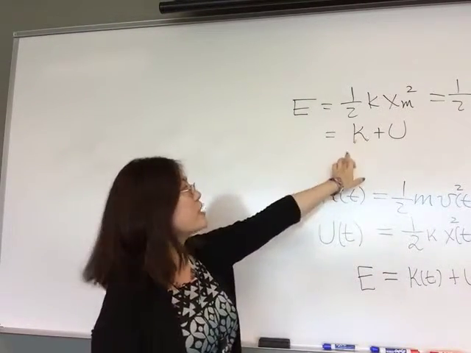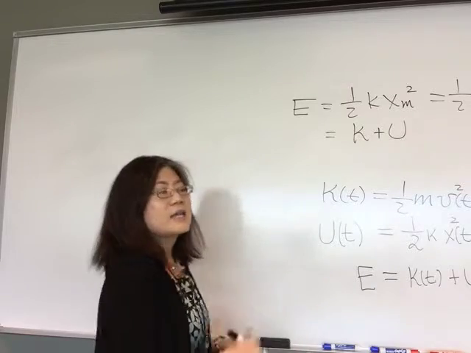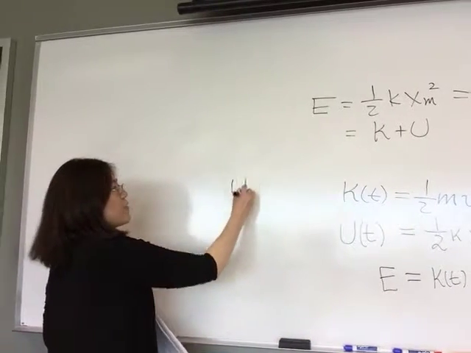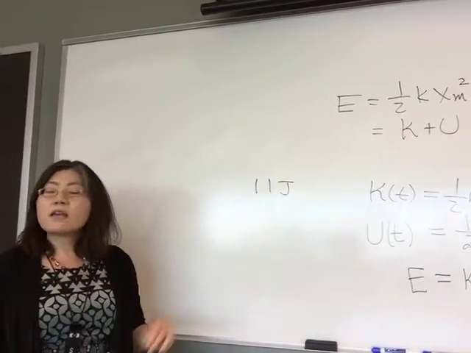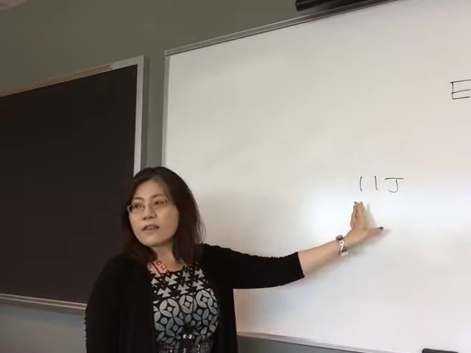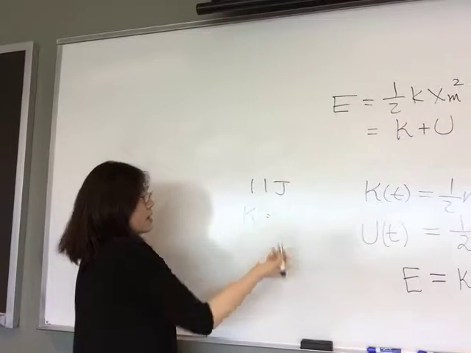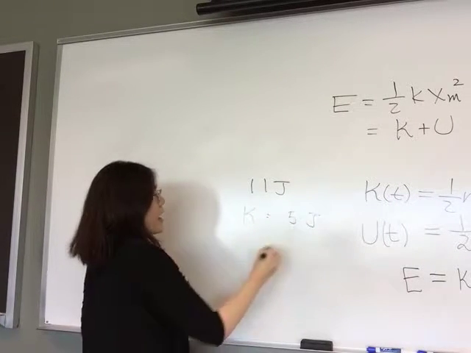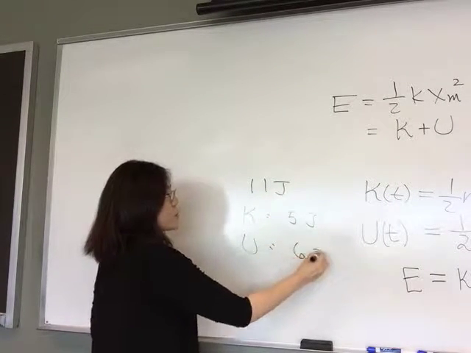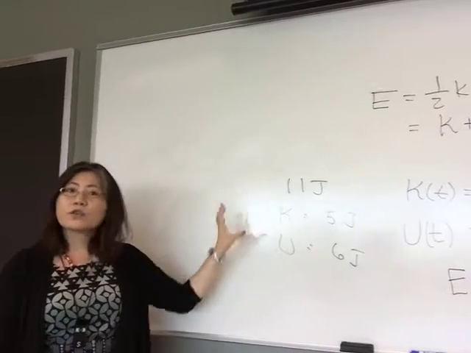Okay, so we have some energy. For example, let's say the system has 11 joules. There might be situations where the kinetic energy has 5 joules and spring potential energy has 6 joules. So when you add them together, that gives you 11.